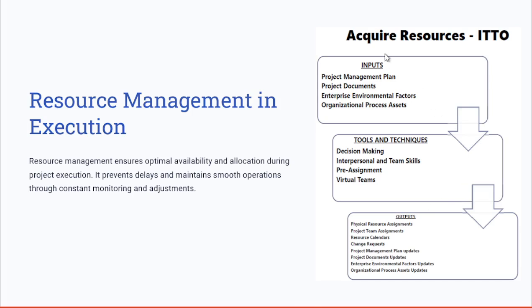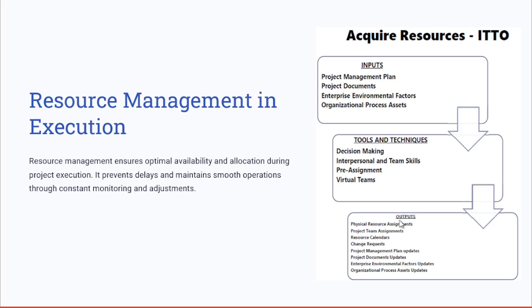The first key process involved when managing resources in resource management and execution is acquiring the resources. It has several key inputs, including the PMP or the project management plan, the project documents, the EEFs, and the OPAs. Tools and techniques here are decision making, interpersonal and team skills, pre-assignment, and virtual teams.